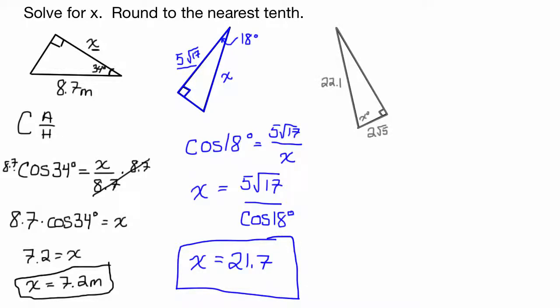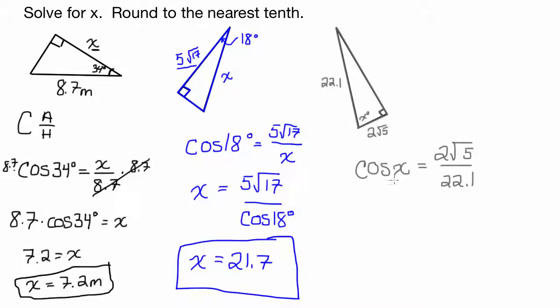And this last one here, we're solving for the measure of the angle. We have the hypotenuse, it's 22.1. We have the adjacent side, it's 2 root 5. So the cosine of x is going to equal adjacent over hypotenuse, so 2 root 5 over 22.1.